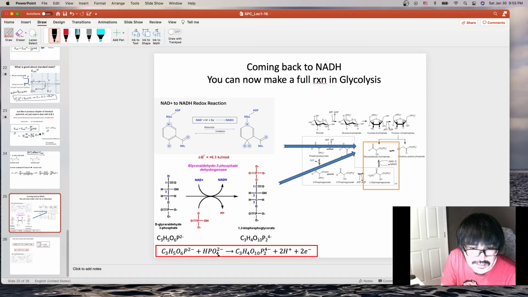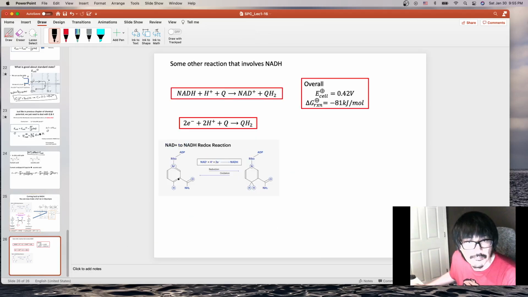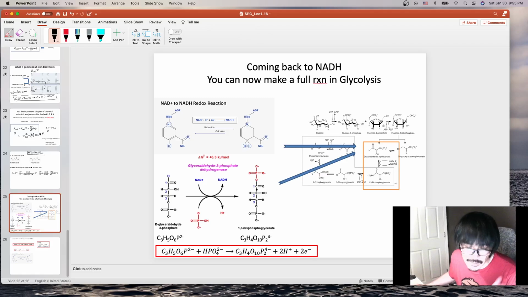So if you have the delta G of the entire process, did I find that one? I might have, yeah. Actually not. I'm sorry, I couldn't find the value for this one right here. But let's just say that if I found something, then I can probably use this delta G, and I can get all kinds of interesting values from each half of these reactions using the Nernst equation and such.